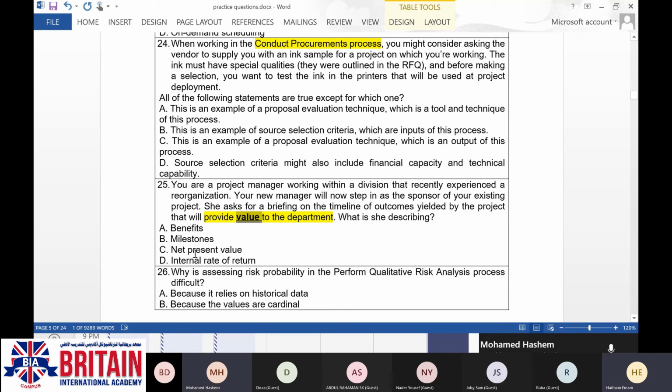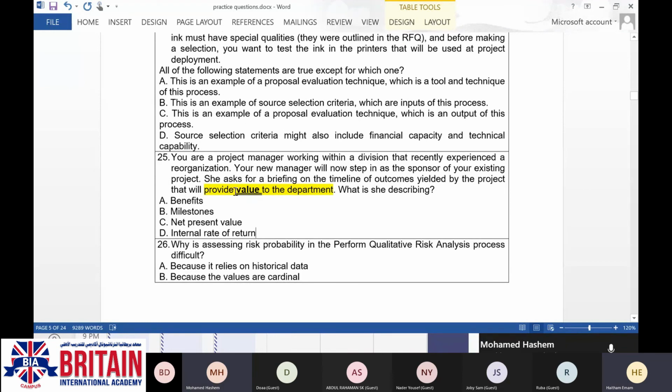Here we are not talking about the cash inflow or cash outflow, or the net present value of the money which you are going to gain, or the internal rate of return which we have defined before. So the right answer is the benefits of the business, the value.